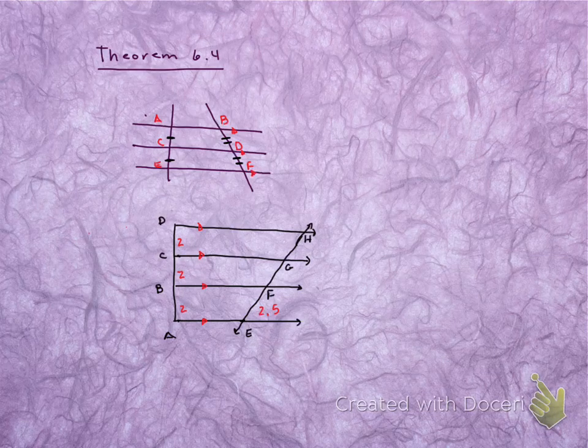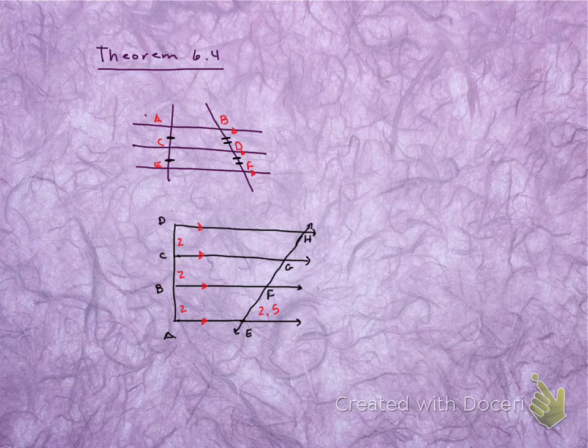Obviously AB, CD, and EF are the parallel lines because they've got these little red arrow things on them. Those 3 are parallel to each other, and the transversals are the other lines.